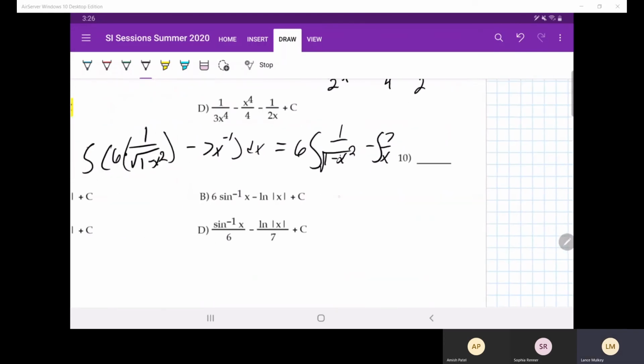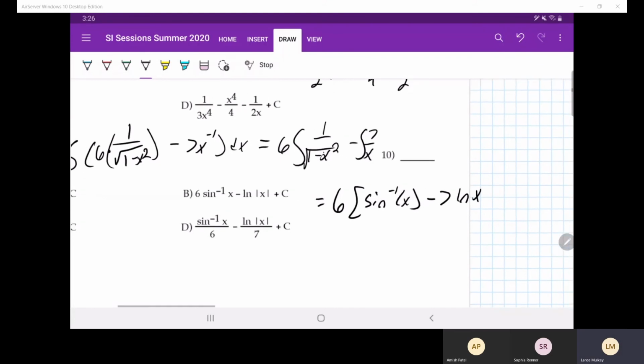You can distribute the integral out, and this equals 6 times sine inverse of x minus 7 natural log of the absolute value of x. You can't forget the absolute value. This right here is the derivative of sine inverse of x, and x to the negative 1 is the derivative of natural log of x. Any questions on how I did that? Or do y'all understand?